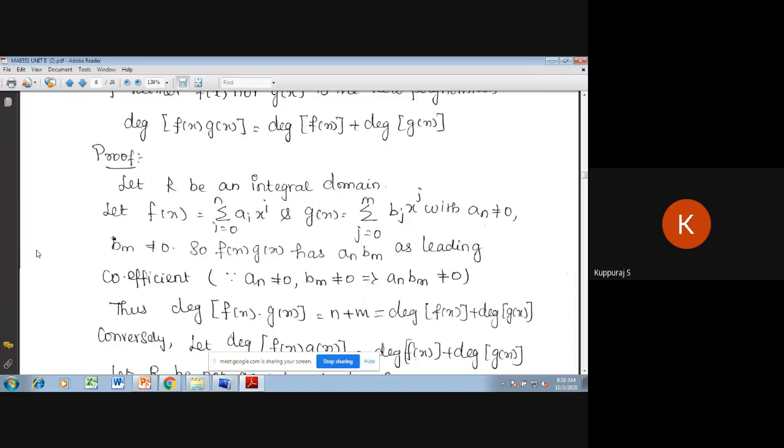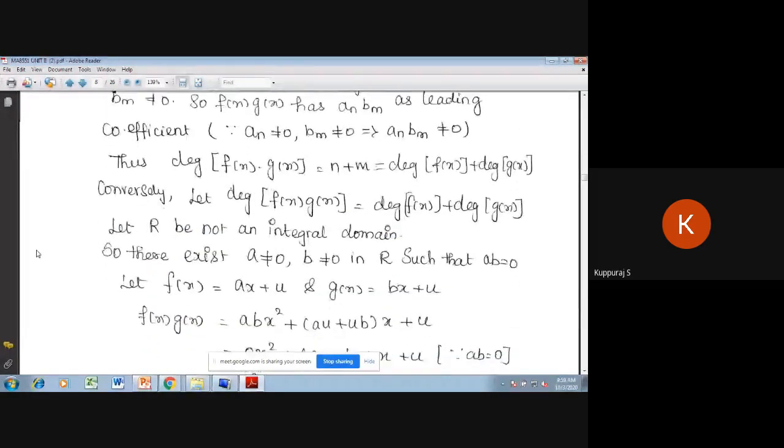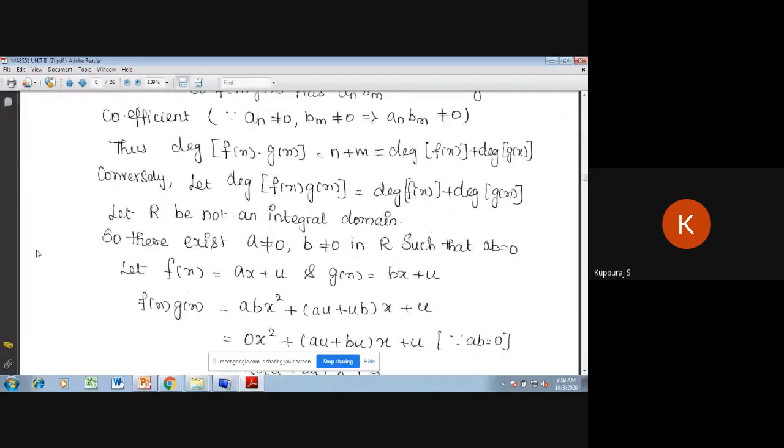So now the converse part. Assume the degree of f(x)·g(x) is equal to degree of f(x) plus degree of g(x). Then we have to prove R will be an integral domain.